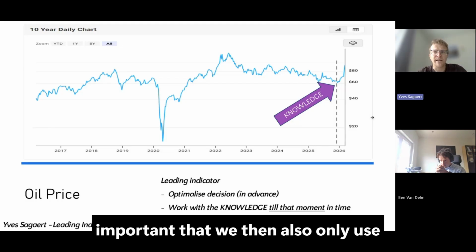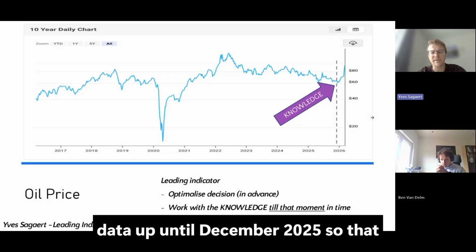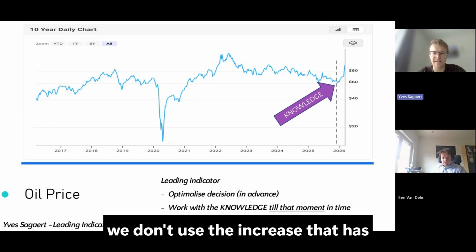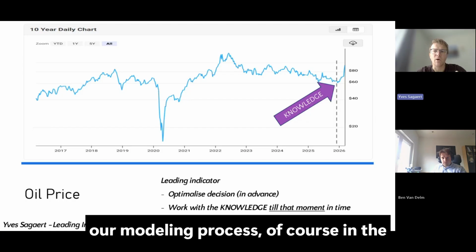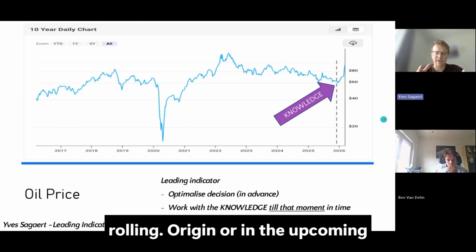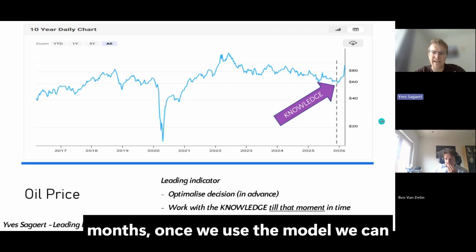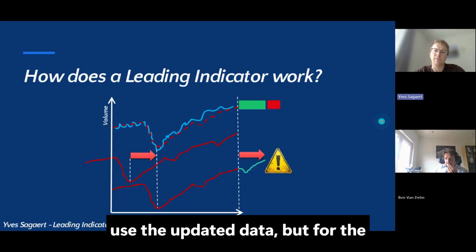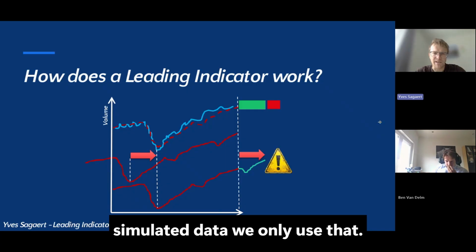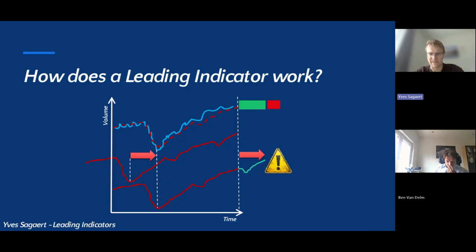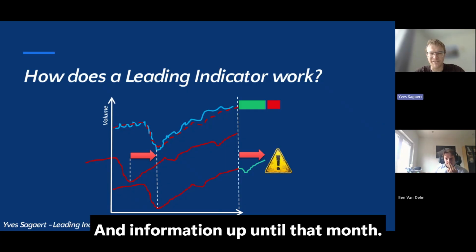It's quite important that we then only use data up until December 2025, so that we don't use the increase that has been seen in the recent months in our modeling process. Of course, in the rolling origin or in the upcoming months, once we use the model, we can use the updated data, but for the simulated data, we only use information up until that month.